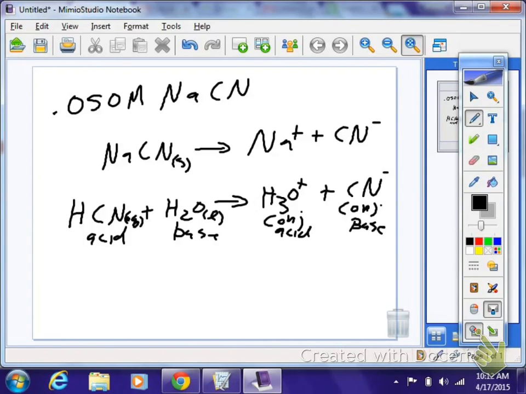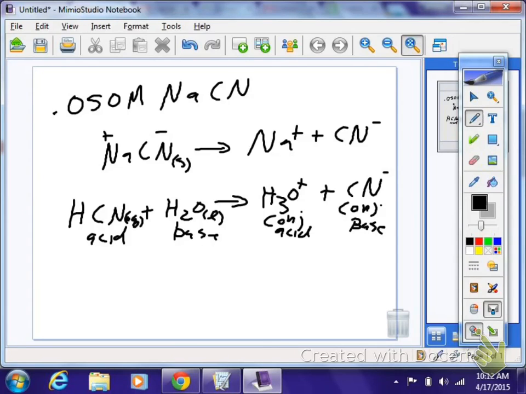Okay? So what happens is that if we dissolve a salt that has a cation, which is Na, the cation of a strong base, and an anion of a weak acid, it creates Na plus ions in this case and CN minus ions. So the CN minus ions are basic.